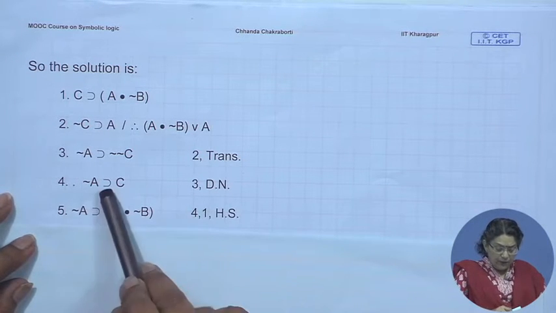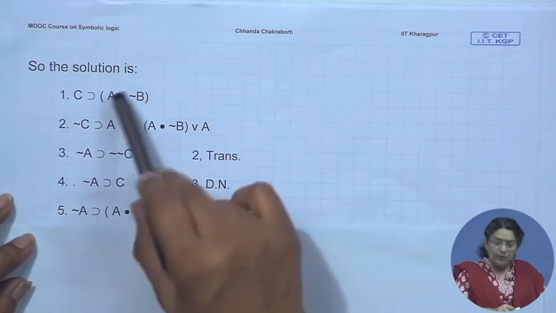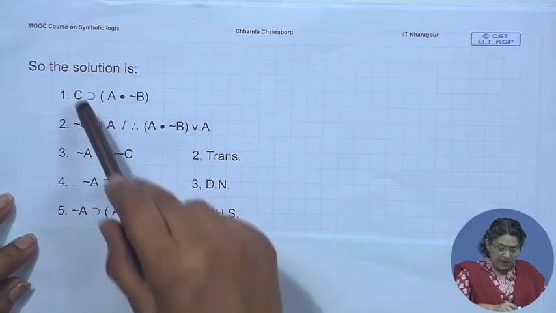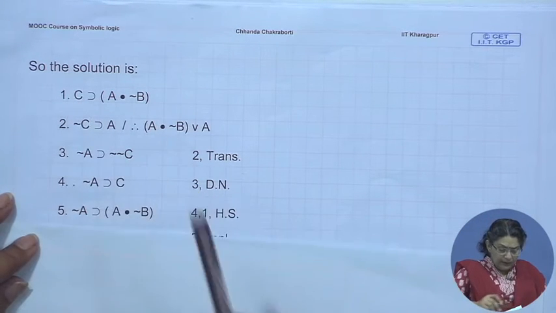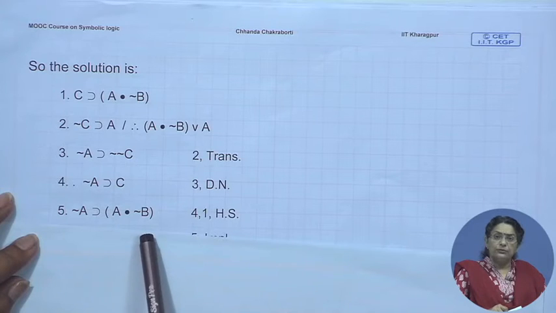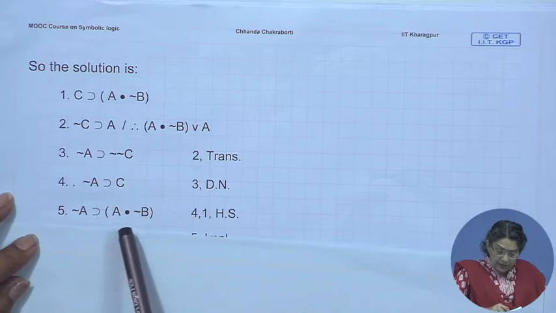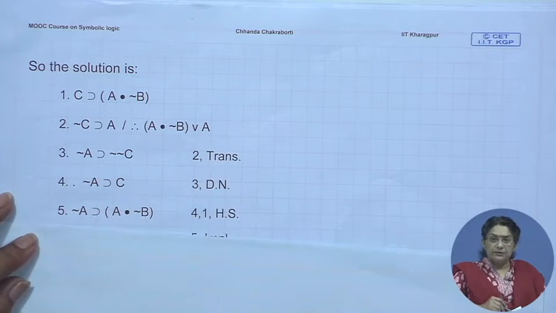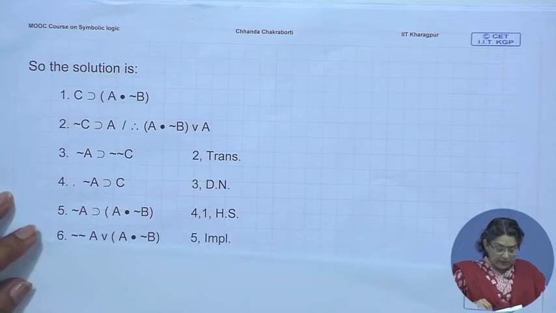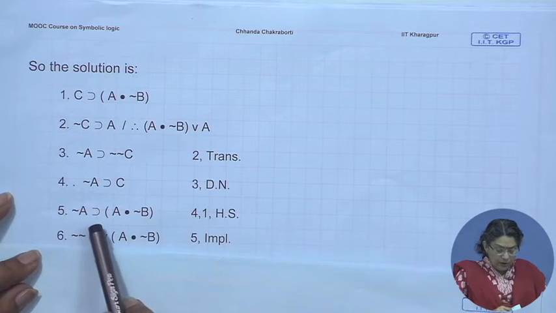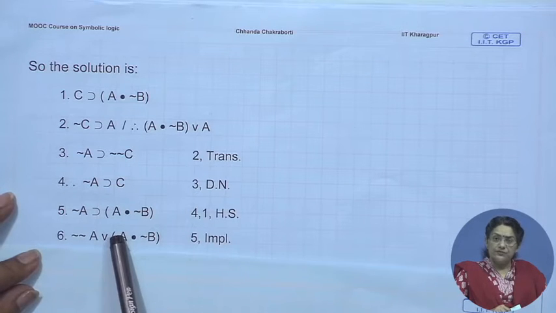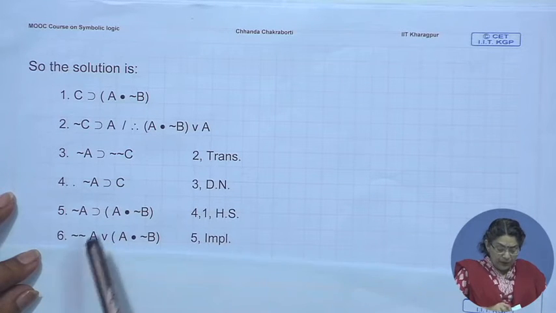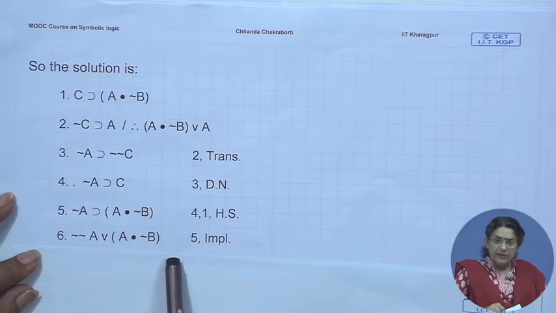So, 4 and 1, because I wanted to get rid of the C. 4 and 1 give me not A horseshoe A dot not B. This sounds very close to what we want, because the C is now eliminated, but some work is left. Now this horseshoe has to be changed into a disjunction, and you know which rule gives you that: the impl rule, which is applied to this horseshoe, and we get this.